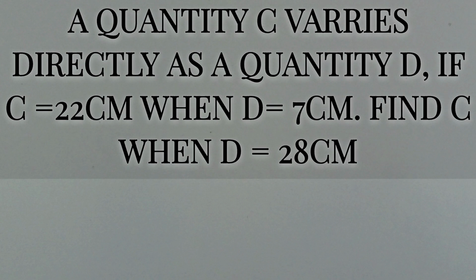I'll also get another example and see what happens. Students, let's consider the question popping on your screen, on direct variation. I'll help you read the question. It reads: a quantity C varies directly as quantity D. You are told C is equal to 22 when D is equal to 7 centimeters.